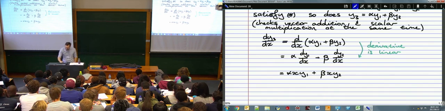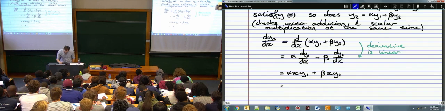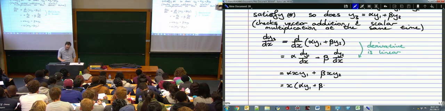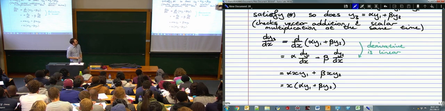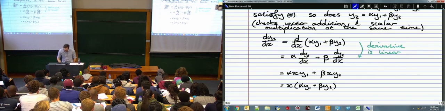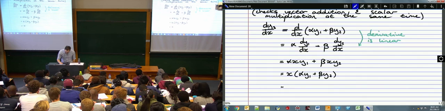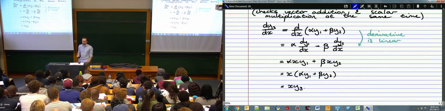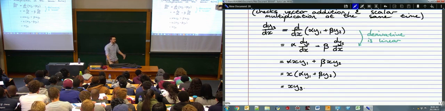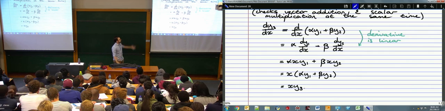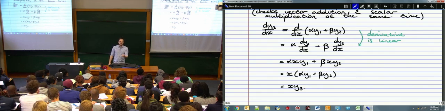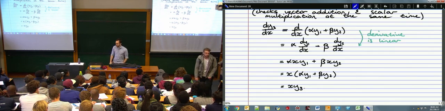We can take out x as a common factor, so you get x multiplied by alpha y1 plus beta y2, and alpha y1 plus beta y2 is y3. So that's xy3. The derivative of y3 with respect to x is just xy3, and that is exactly the differential equation. So y3 is a solution: an arbitrary linear combination of solutions to the differential equation is still a solution. So the solutions must form a subspace.